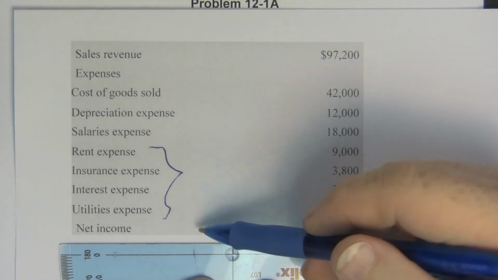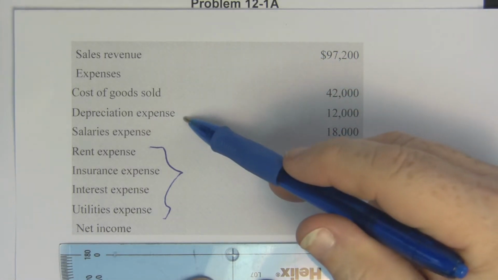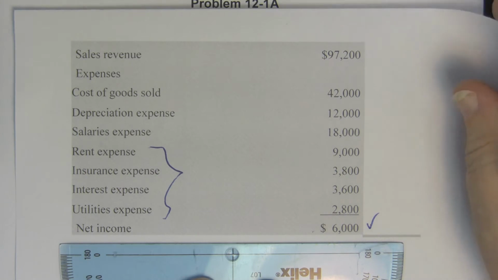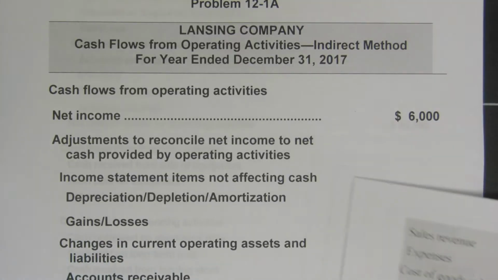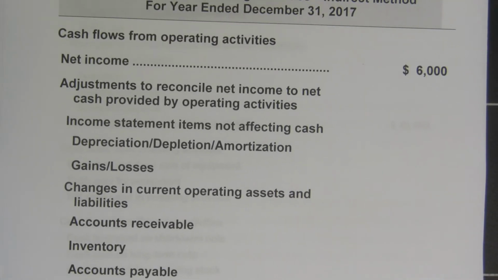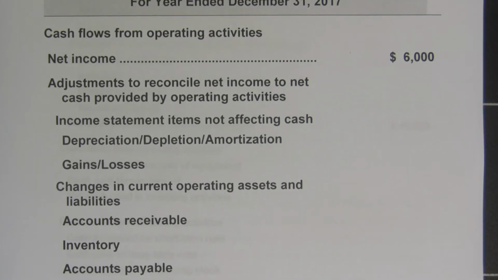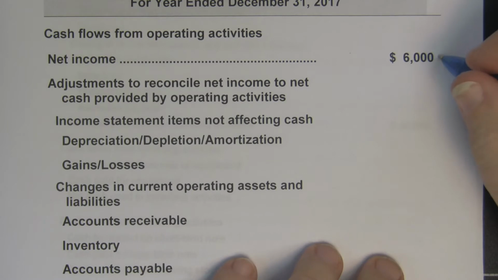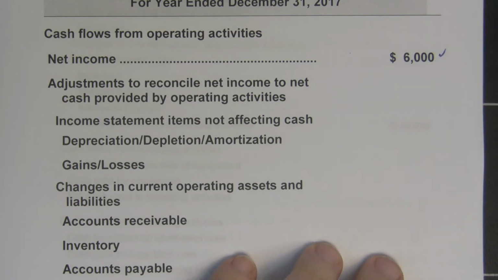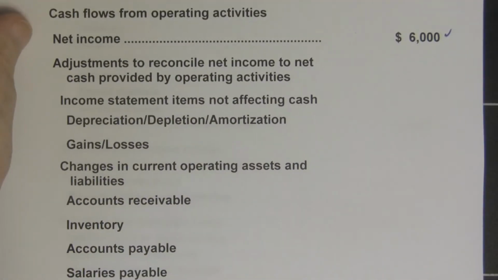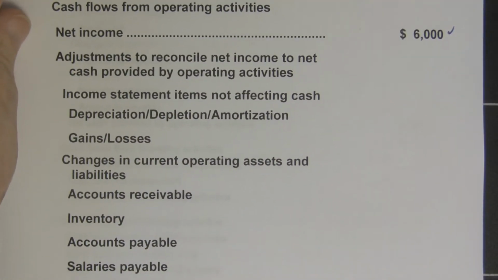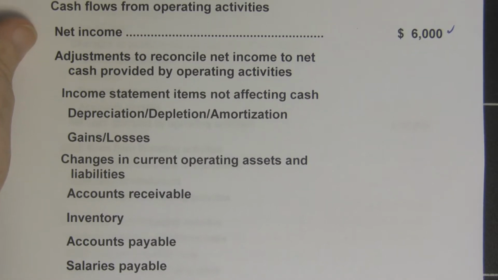We're going to start with that. We're going to make some adjustments for depreciation expense, and then we're going to go look at the balance sheet and make some more adjustments. So, we started with the $6,000. The only thing you can tell me right now about that $6,000 is that some, all, or none of it is cash, which is not very useful information.